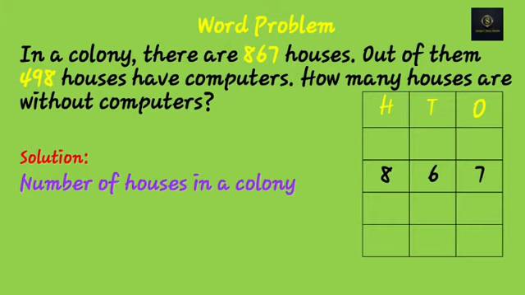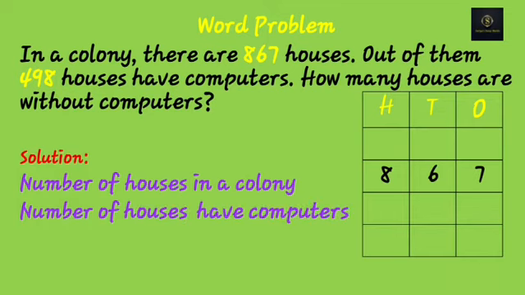Now, which is the next number in the question? 498. But what is 498? Number of houses that have computers. So our second statement will be number of houses that have computers. Now here we place the number 498 in their respective columns.